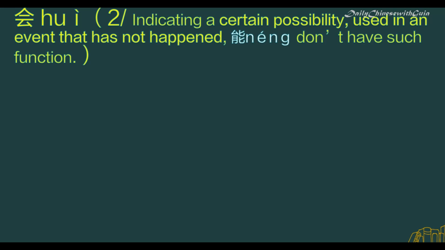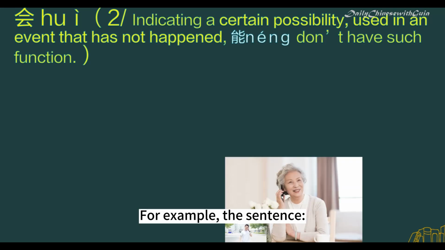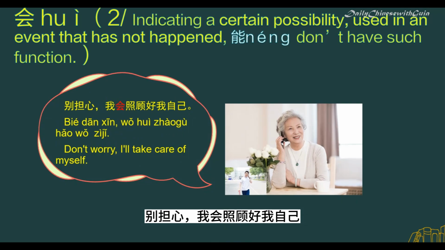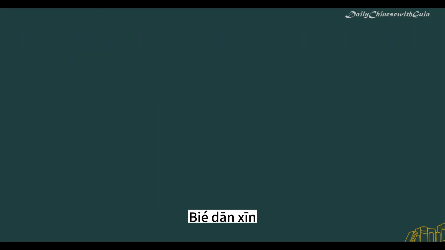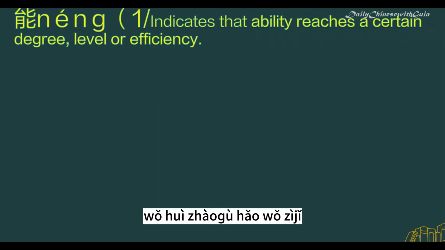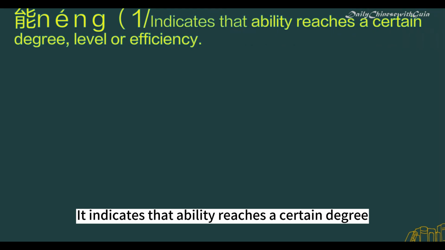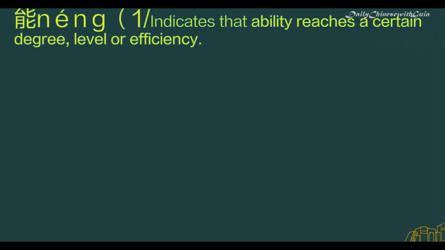such a function. Let's see an example. 别担心，我会照顾好我自己。Now we turn to 能. It indicates that an ability reaches a certain degree, level, or efficiency.